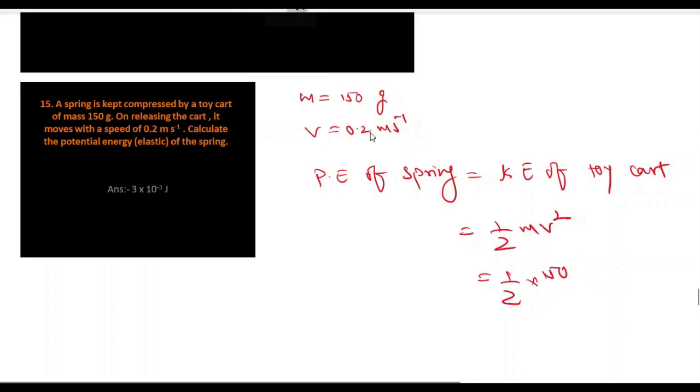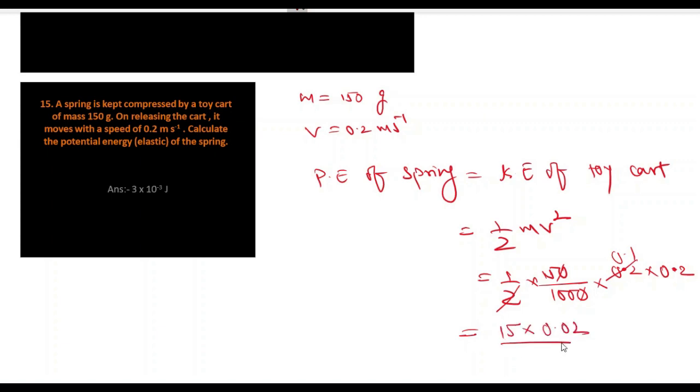Okay, so 150 upon 1000 multiplied by v square, 0.2 into 0.2. So the 0 will cut, so this will be 15 into 0.02 upon 100. So 15 twos are 30.